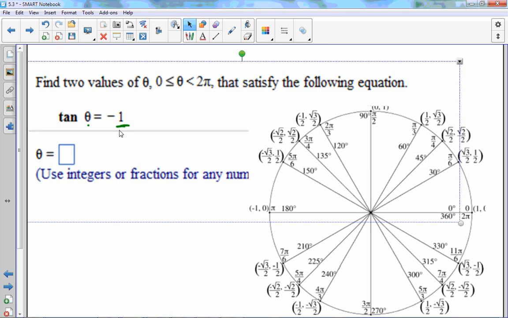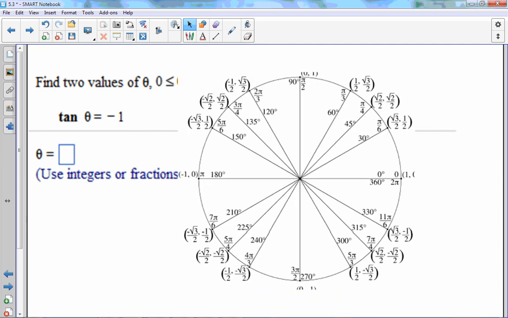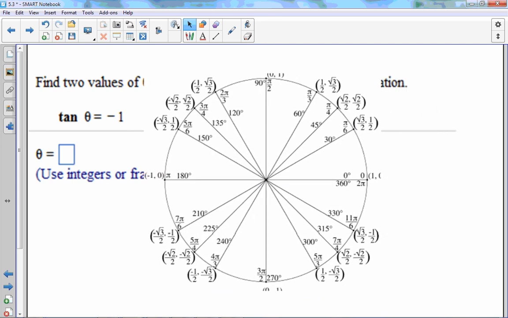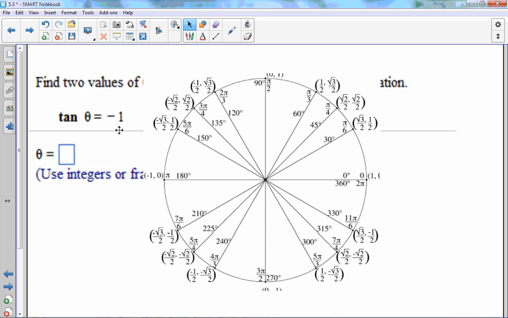So we're going to find out, where is the tangent? What angle would I take the tangent of to get -1? All right, think about your tangents. It's the sine over the cosine, right? If I put this over this, would I get -1?